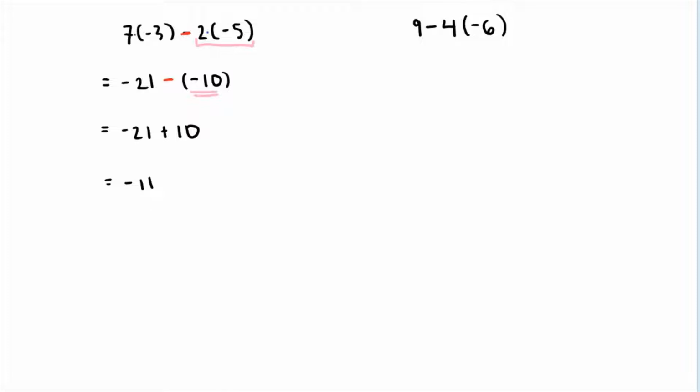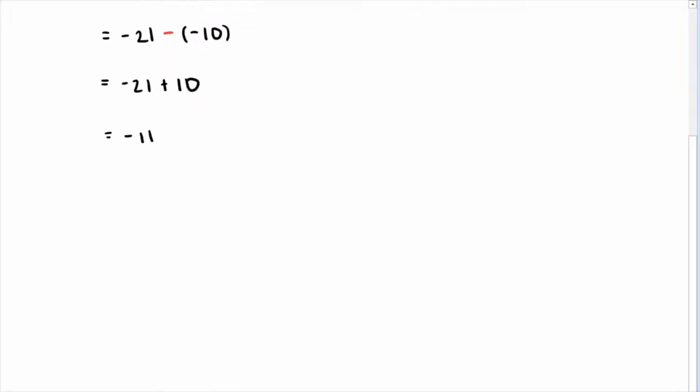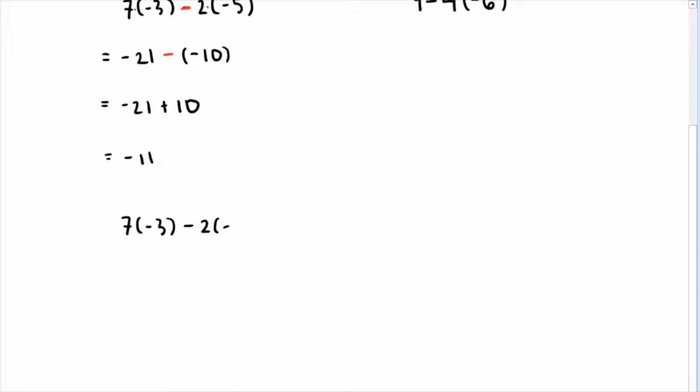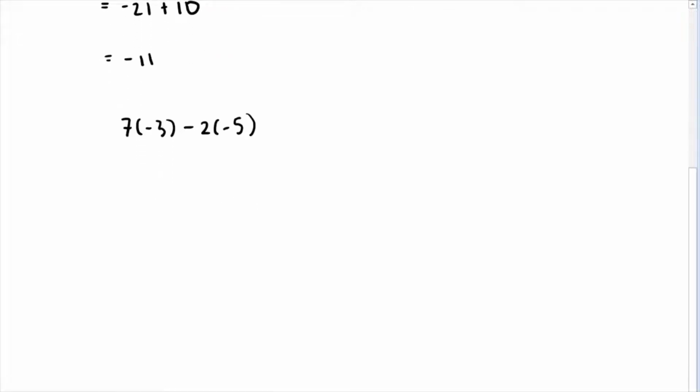And actually, we evaluated this expression one way, but maybe let me show you another way we can evaluate this expression. So here I'm going to rewrite it down below. So this is 7 times negative 3 minus 2 times negative 5. So one thing I can do here, I'm still following order of operations, but I can slightly translate this expression.